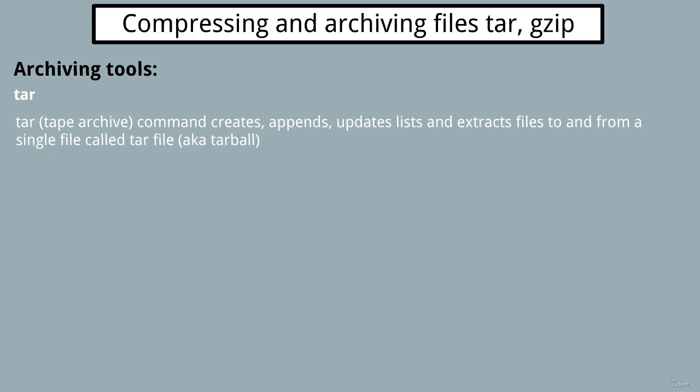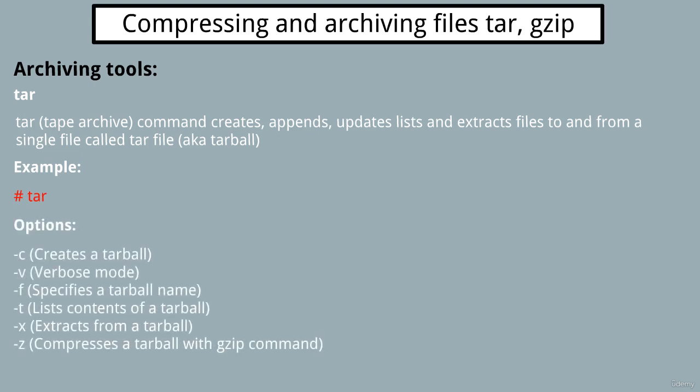Let me scroll down a little bit and let's use some examples to see how to tar. With the tar command, you can use many options. Let me highlight those. I've listed the most frequently used ones, which we will be using in our examples.